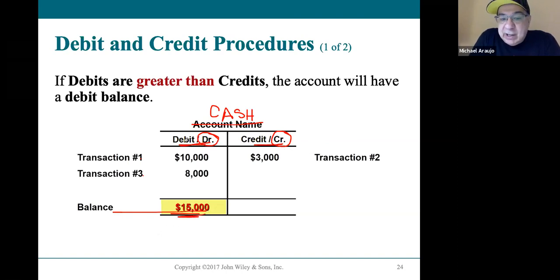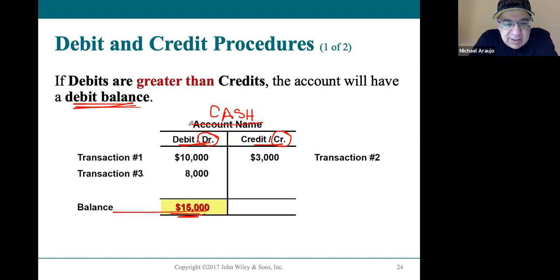But specifically, balances fall on either the debit or credit column. There's no balance in the middle, right? So when we state the balance of an account, we also have to say the side that the number is on. If this was the cash account, and I asked you what's the balance in the cash account right now, you would tell me it's a $15,000 debit balance, right?